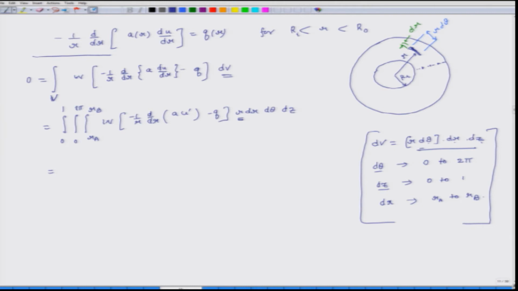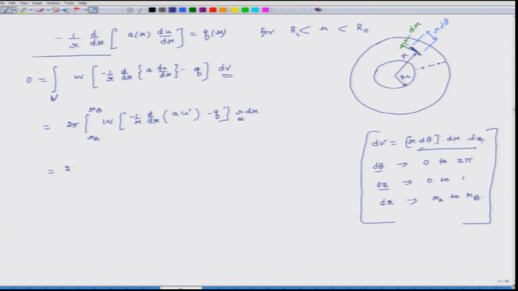Once I integrate on z, all the parameters in the parenthesis are independent of z and theta, so this dz just goes away. If it was 0 to L, then it would have been replaced by L. Same thing with theta: this goes away and I get a 2 pi here.